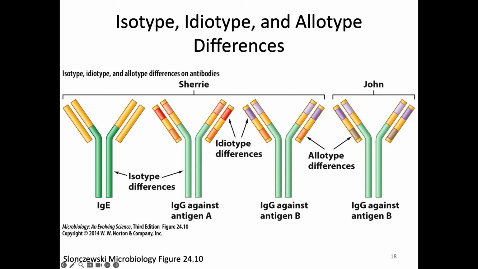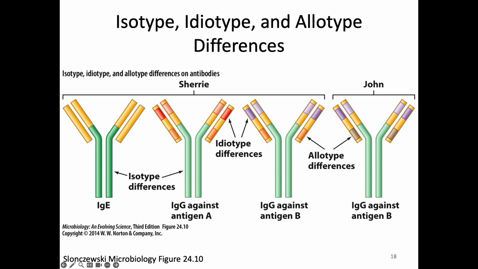And now they did color code this time. And so you can see one of them is an IgG against antigen A, so this might be against influenza, and one of them is IgG against antigen B, this might be against SARS-CoV-2. So same isotype, different variable region gives you this difference in what's called idiotype. So those are antibodies that are different idiotypes.